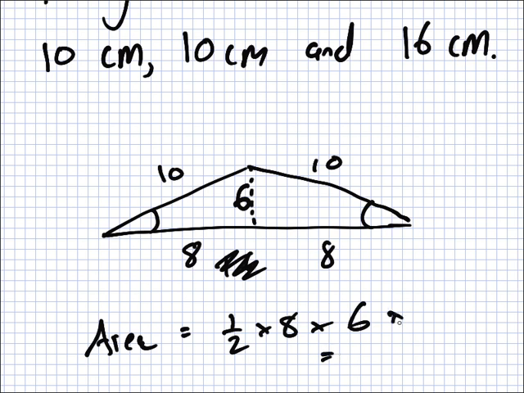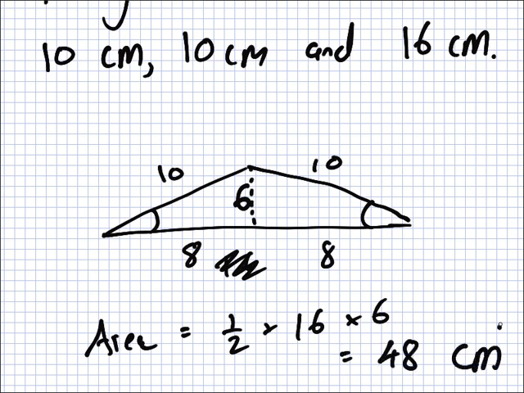Oh, sorry, and then times 2. Oh, sorry. A half 16 times 6, which is 48. And you have, using this formula, yeah, that's fine. That one's not on the course though, but if you know it, you can use it.